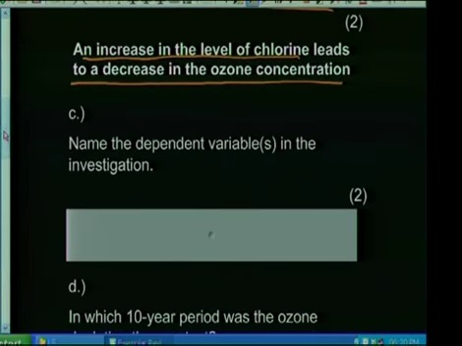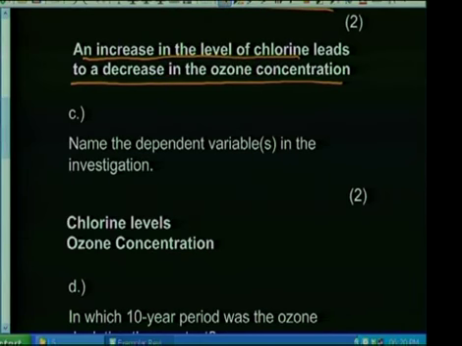Good. Name the dependent variable in this investigation. The dependent variables were chlorine levels and ozone concentration. Now, here we need to stop for a moment. Why are they both dependent in this case? Because they are judged over time. So time is the independent variable in that relation.